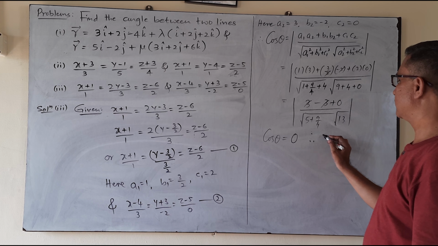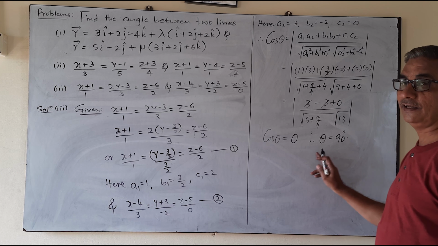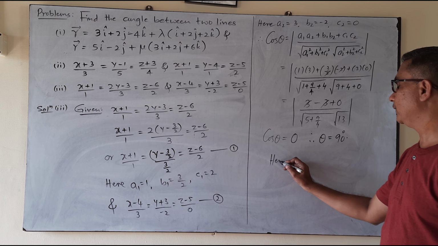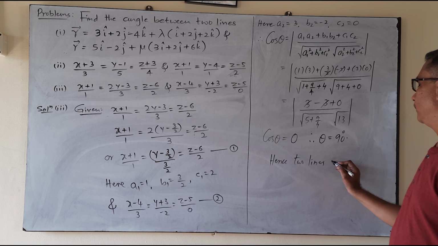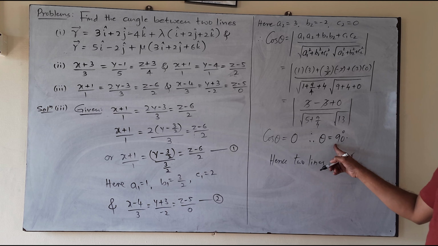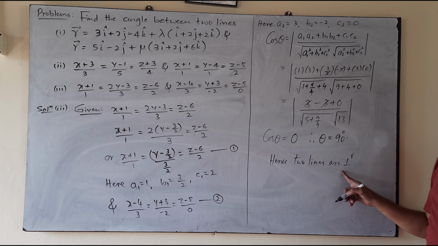So cos theta is 0, or angle theta is how much? 90 degree. You know the note: if angle theta is 90 degree, then we conclude that the two lines are what? Perpendicular. Remember, angle theta is 90 degree, hence the two lines are perpendicular.